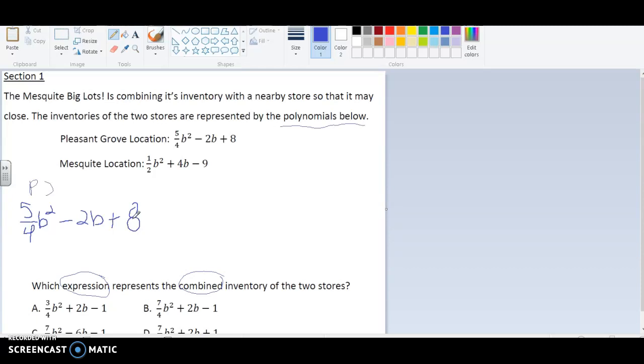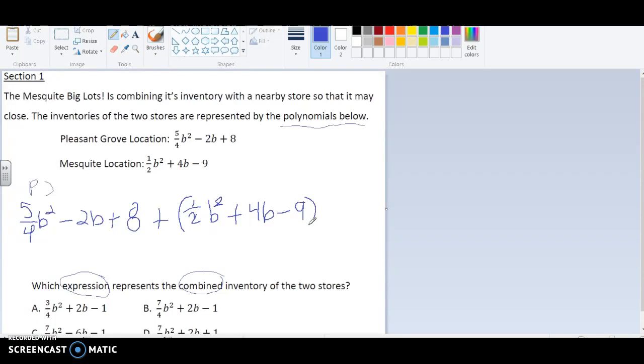And then I'm going to add to that the Mesquite location. You got to put that in parentheses because all of that is one location. Wow, this is hard to write with. Plus 4b minus 9. All right, so now we're adding Pleasant Grove plus Mesquite.